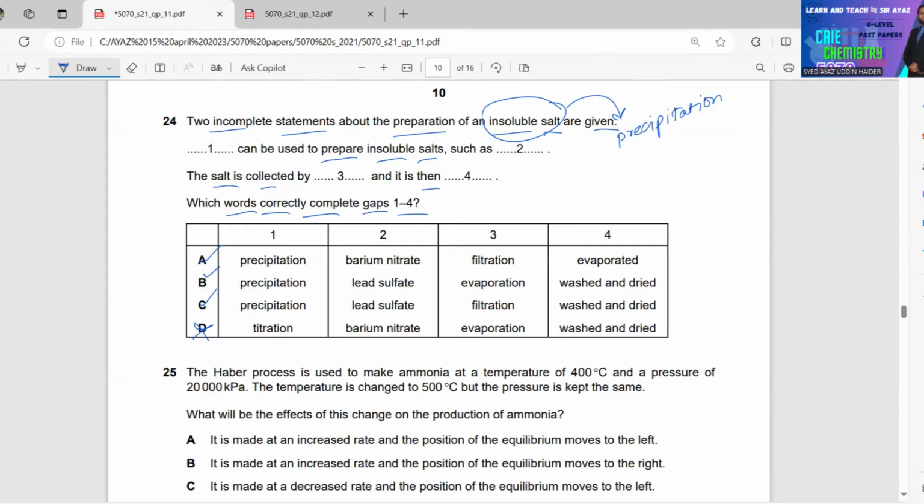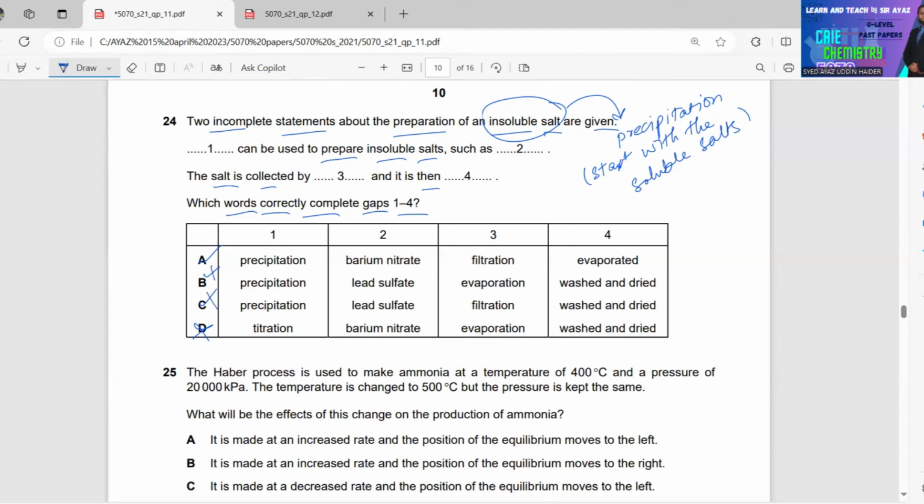Now, for the precipitation method, you have to start with the soluble salts, not with the insoluble one. So in number 2, they have written some name of the salt. We have barium nitrate, it's soluble. Lead sulfate, it's insoluble.